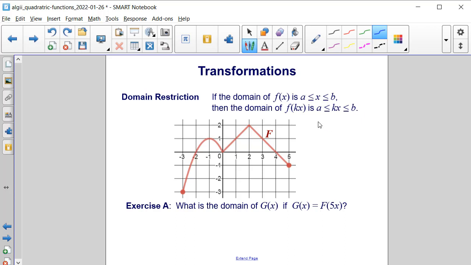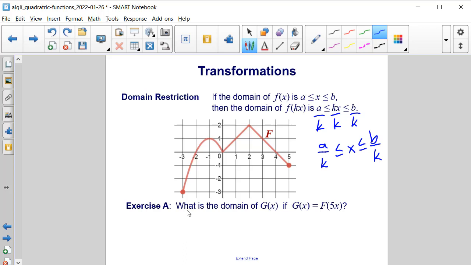We can also simplify this and divide all 3 of these terms by k. And if we do that, then the new domain for this f of kx will be a divided by k, which is less than or equal to x, which is less than or equal to b divided by k.